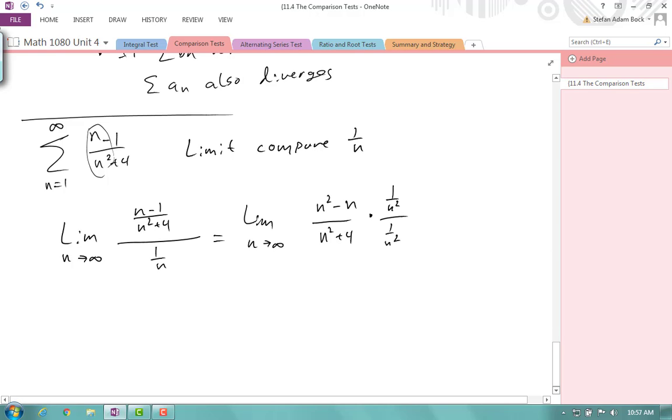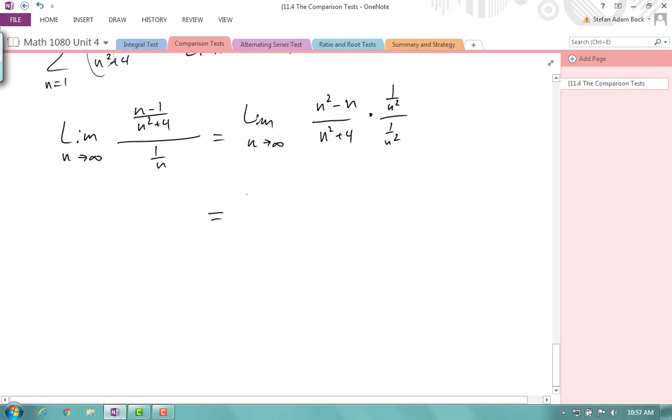I'm going to choose this method, because now this is equal to the limit as n goes to infinity of 1 minus 1 over n divided by 1 plus 4 over n. But these go to 0 as n goes to infinity, leaving me with just 1.